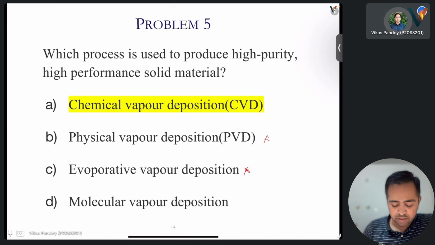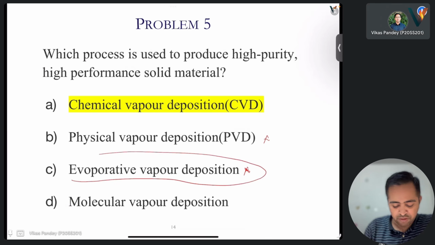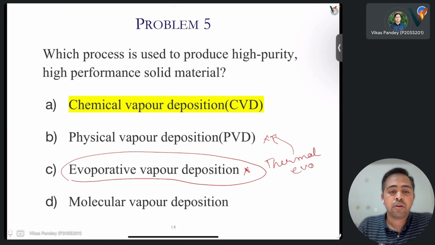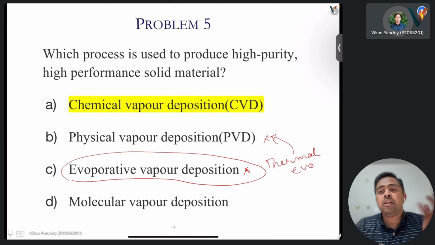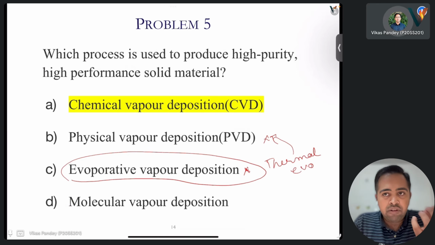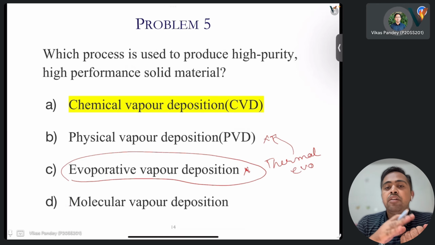Because here, actually, there is no term like evaporative vapor deposition. It will be thermal evaporation, and that also actually comes under PVD only. Okay. So in all these cases, the material is already prepared. The solid material is already available to us. We are just changing its form.